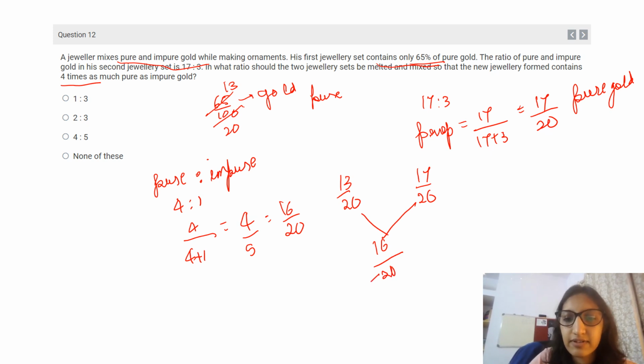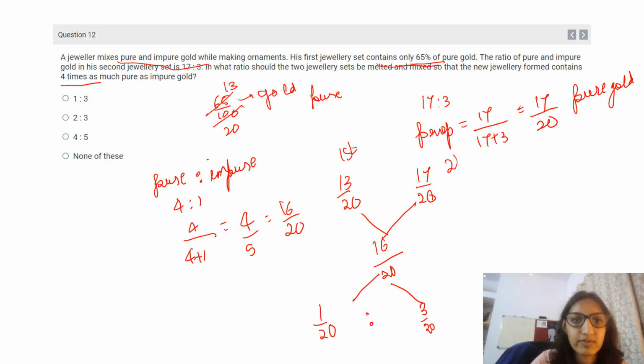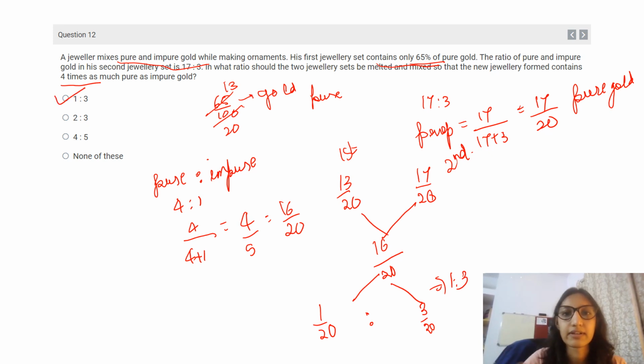I think you might have learned this in average mixtures and alligations. You just subtract: this is 1 by 20 and this is 3 by 20. So this is the ratio you need for the first and second jewelry, that means 1 is to 3. Okay, this was simple. You need to know the basics of average mixtures and alligations.